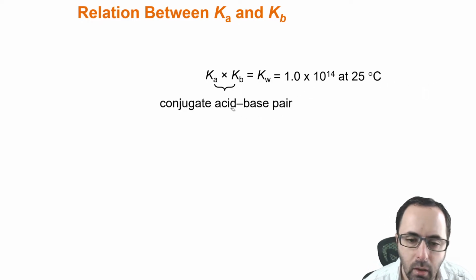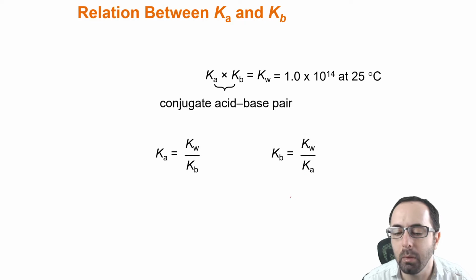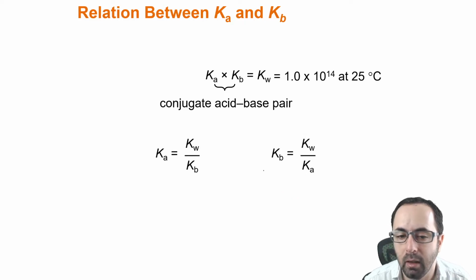What this means is if we divide both sides by Kb, we get that the Ka is Kw over the Kb, or if we want Kb, the Kb will be the Kw over the Ka. And again, this applies to a conjugate acid-base pair.